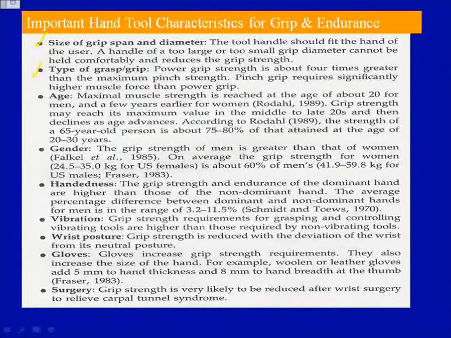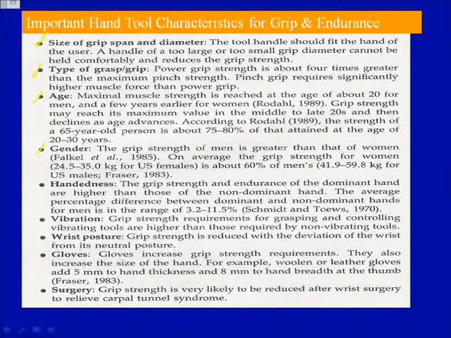So when we look at grip strength, we really want to look at the maximum grip strength in the neutral posture. Both are important. And then we look at various aspects of the hand. We have size of grip, type of grasp or grip. And remember, the two things I'm only responsible for are the power grip, right, and precision. Precision, just what you're using right here to write down, take your notes.